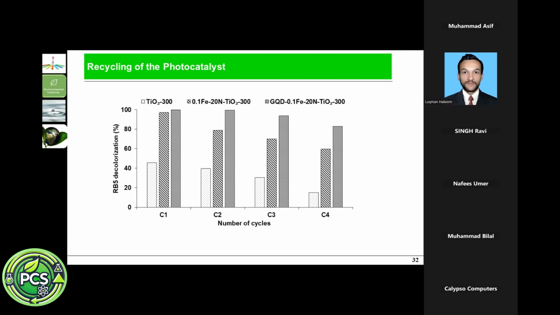No, for these materials we didn't check, because on the practical side, what I foresee, such applications will be hindered because of the very complex characterization of the textile wastewater. That textile wastewater contains salts, as salts are used as color fixing agents for the color fixation.